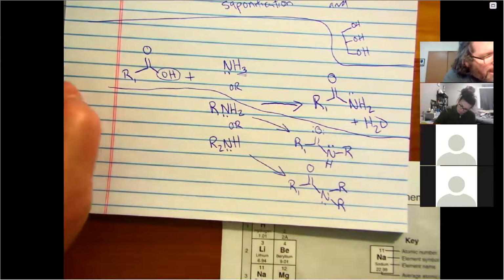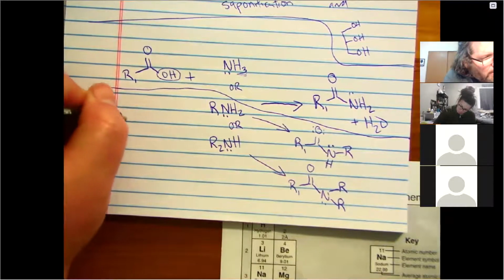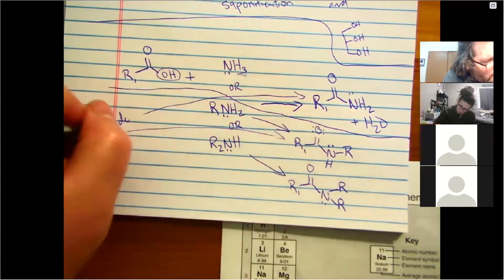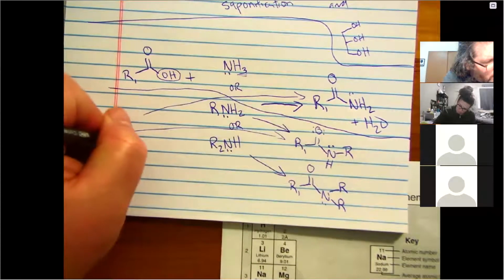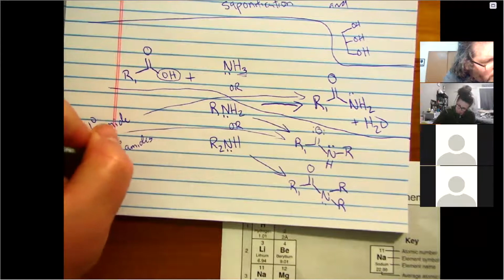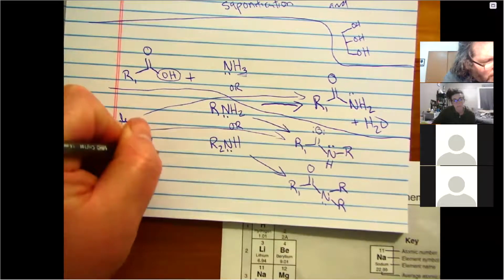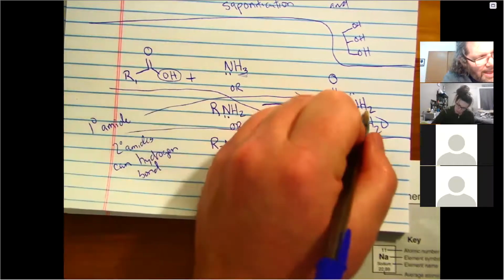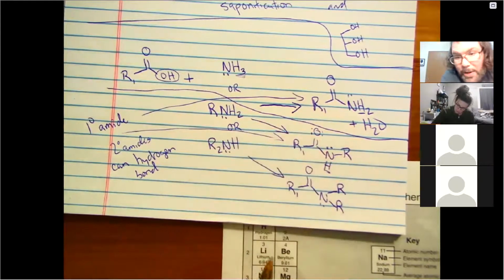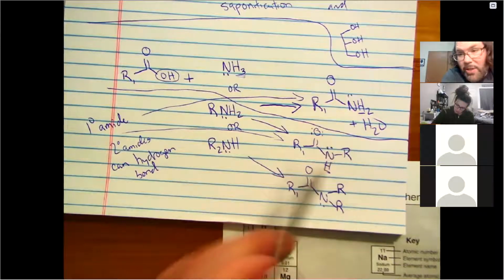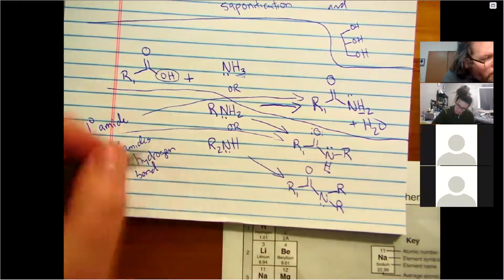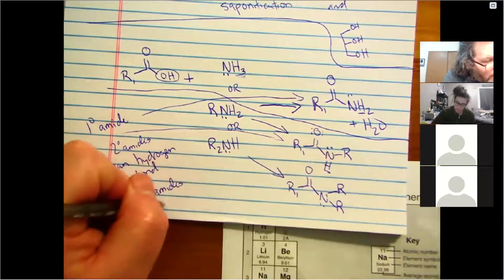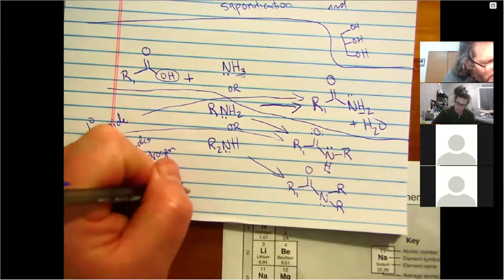So primary amides and secondary amides can hydrogen bond because they have at least 1 hydrogen covalently attached to that nitrogen. Tertiary amides cannot hydrogen bond, at least not with themselves.